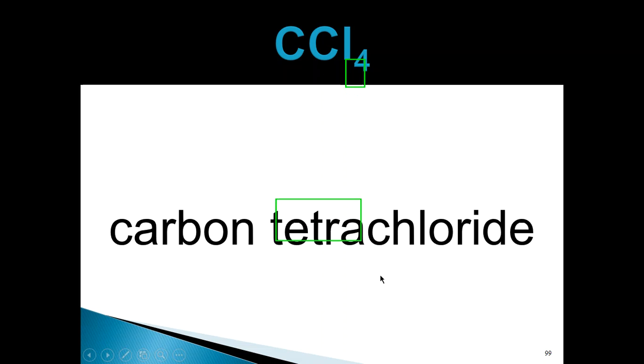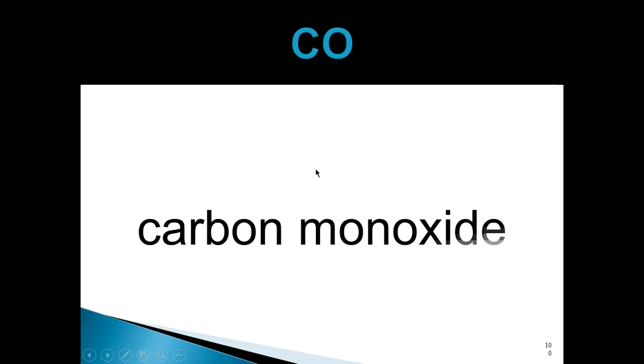All right, and then this next example, CO, right? The first element is carbon. There's only 1 of them, so no mono. But for oxygen, it's a second element, so we have to use mono as a prefix for that element. So the name of this compound is carbon monoxide. All right.